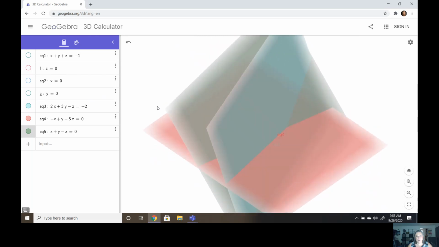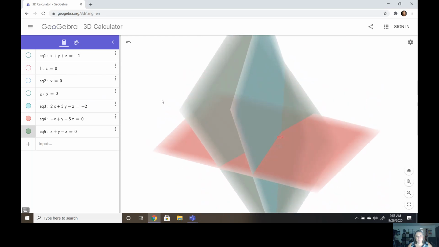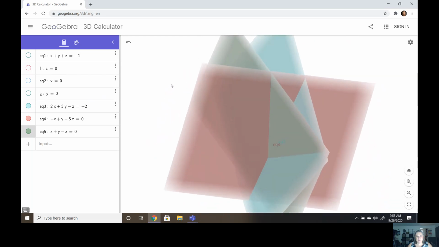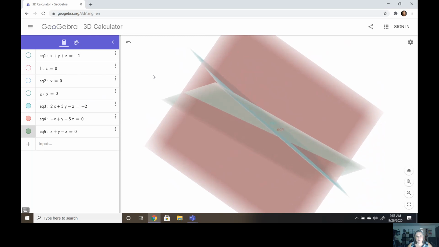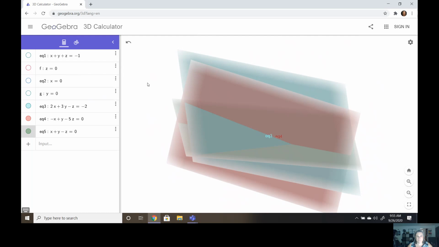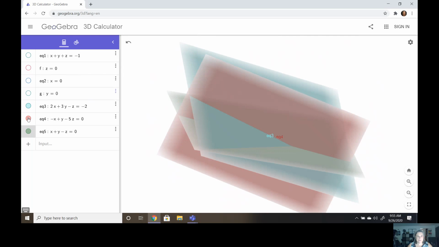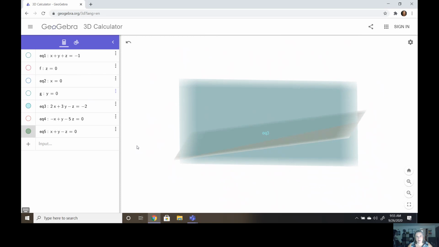Let's just move this around, and you can see that they do intersect, but they intersect where? Not at a line. In fact, if I take out this one for a minute, those two intersect at a line. You can see the line. If I take out the pink one, you see these two intersect at a different line.